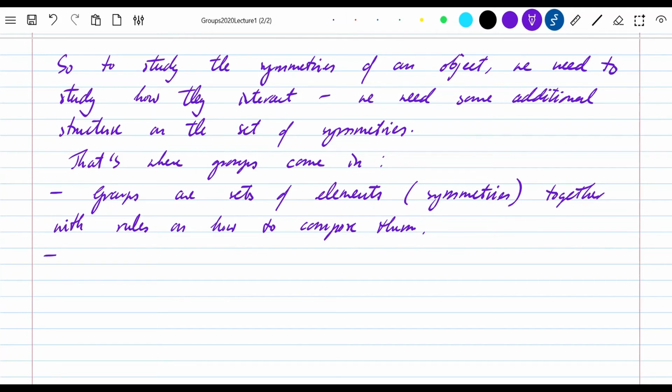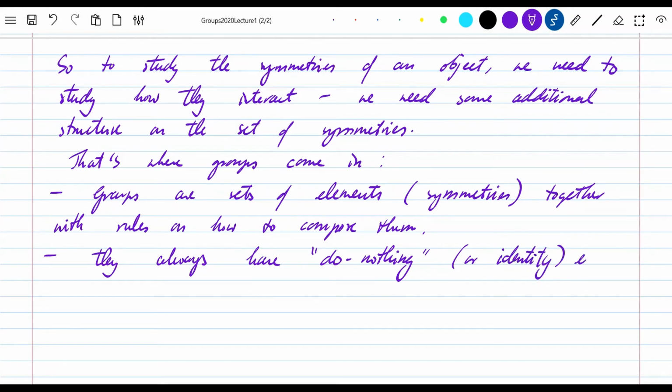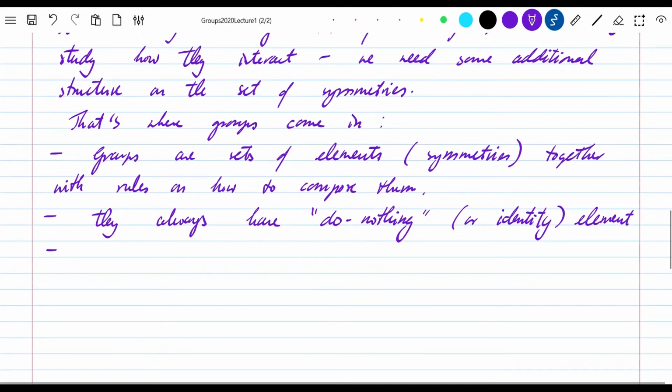Something to notice is that groups will always contain the do-nothing element or symmetry. So we always need to have that in there. This is called the identity element or symmetry, just as for our symmetries that we looked at above.